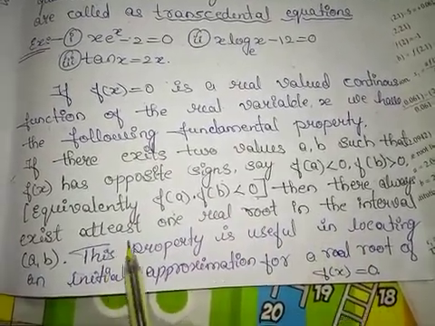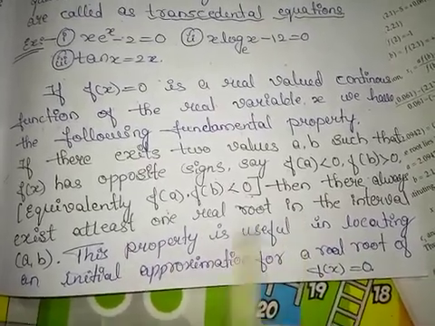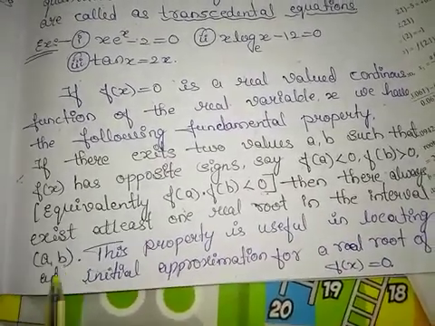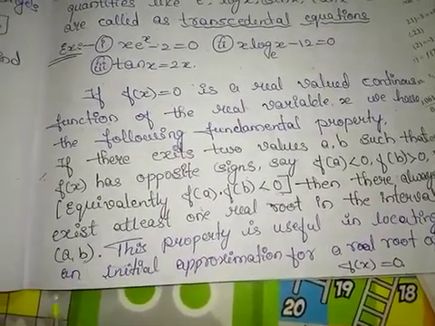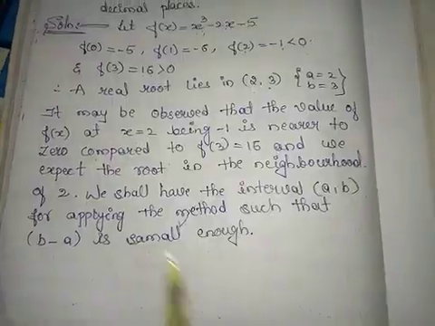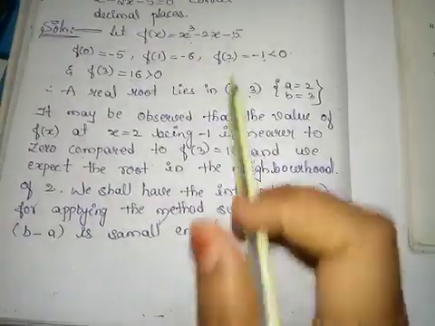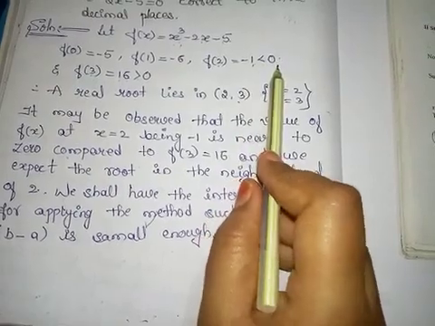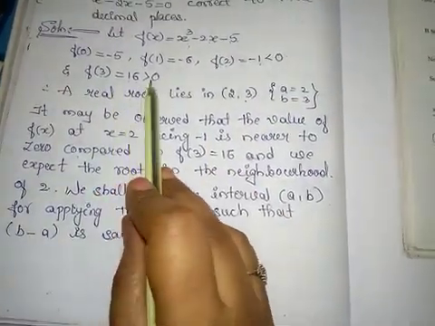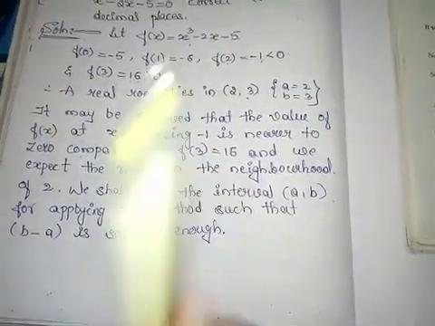Then there always exists at least one real root in the interval a comma b. Here we get one real root between these two. For that, we have to see whether the f of 2 value is near to 0 or the f of 3 value is near to 0.